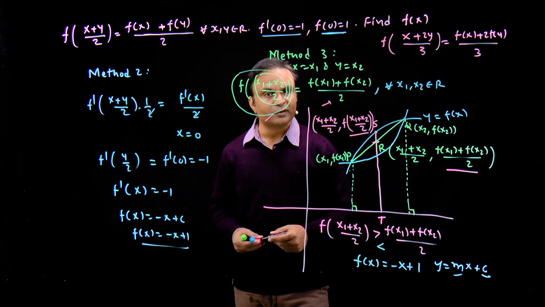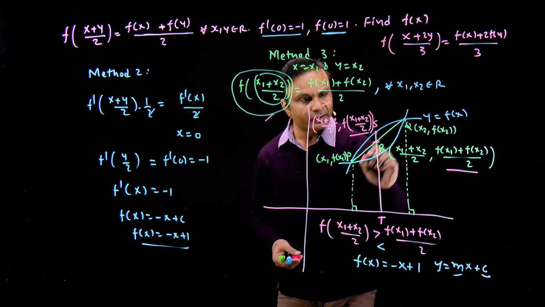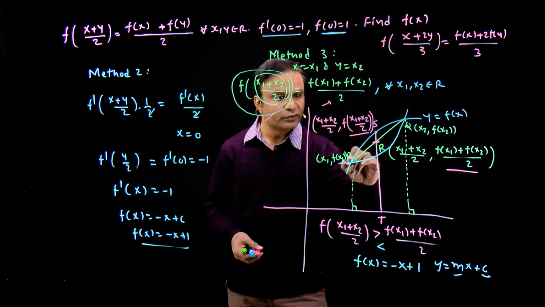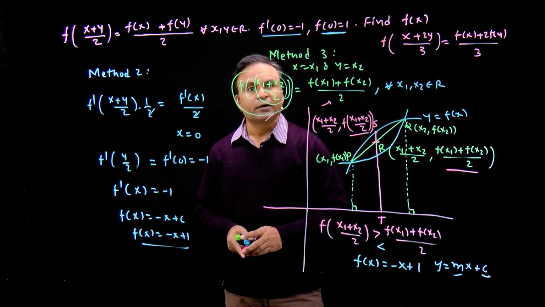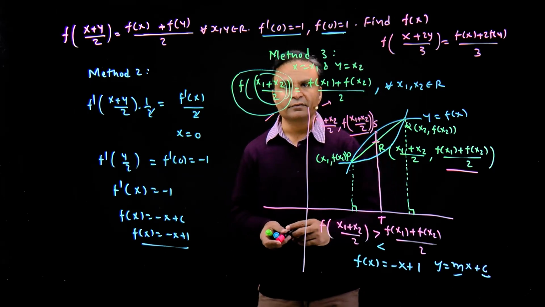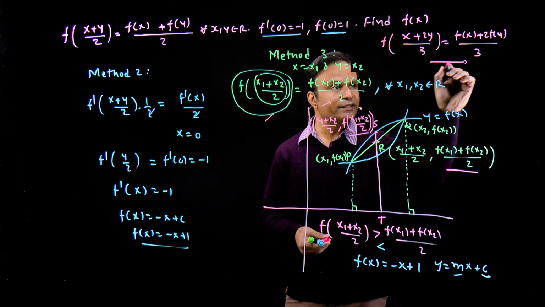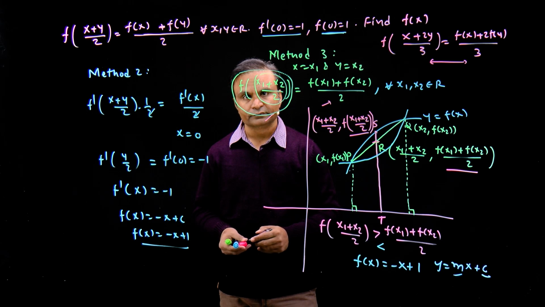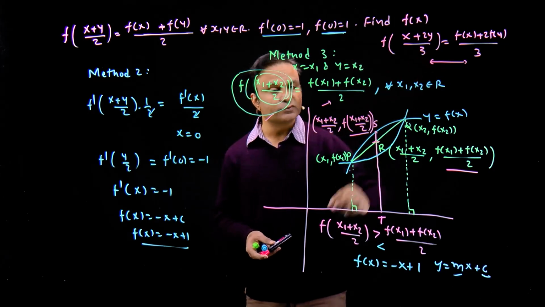Again the function will be the same, because here we had taken the midpoint, and for this relation we will consider a point which will divide PQ in the ratio 2 upon 1 starting from point P. In that case also the relation is satisfied by a straight line only.